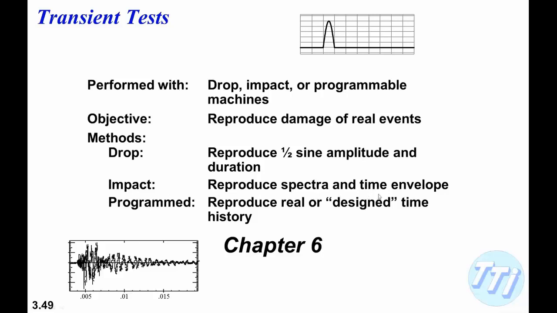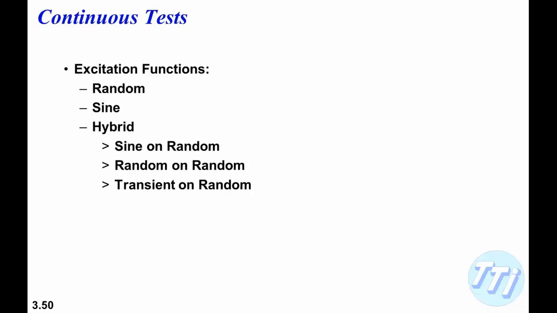We'll talk about machines that do that, that reproduce a spectra and time envelope. And then the other possibility is programmed, where we use an electrodynamic or electrohydraulic shaker to reproduce a design time history. And Chapter 6 is going to cover how we design that time history.